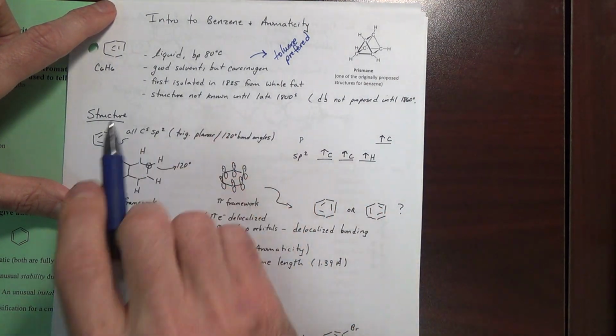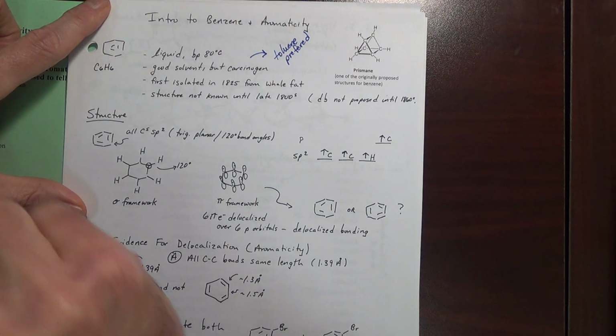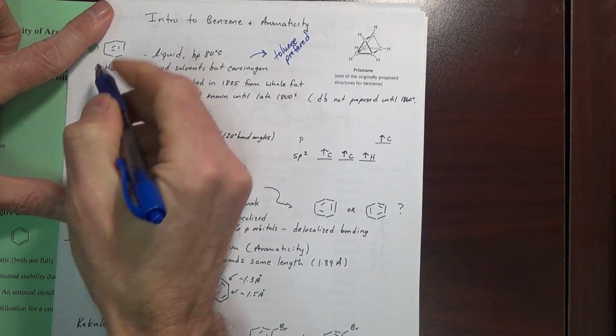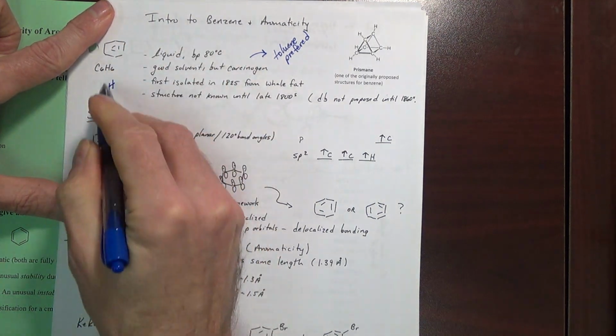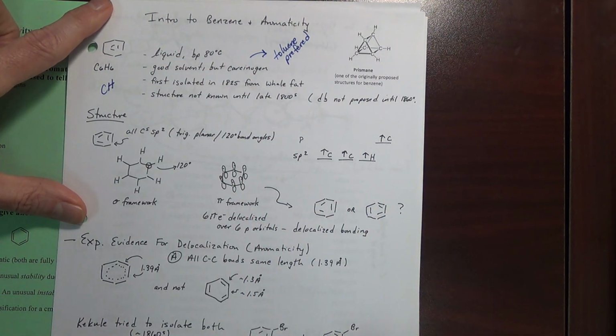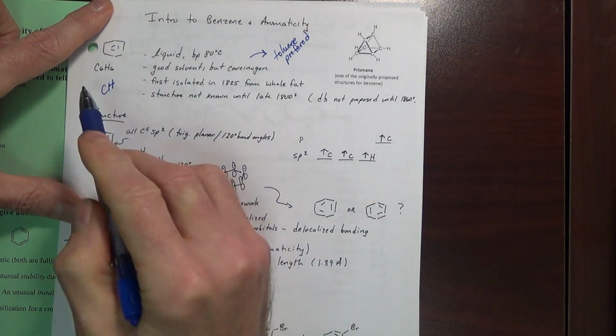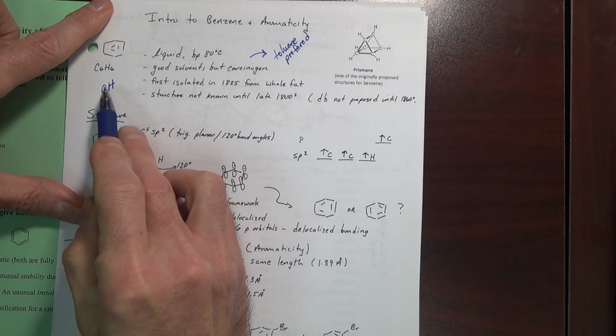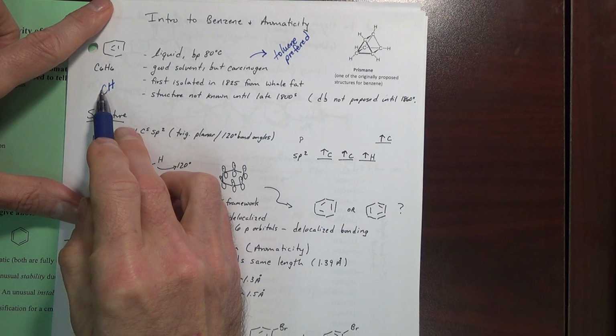So they had little structural information. They could determine a CH empirical formula. They didn't know if it was C4H4 or C10H10, but it appeared to have an equal number of carbon and hydrogen atoms.